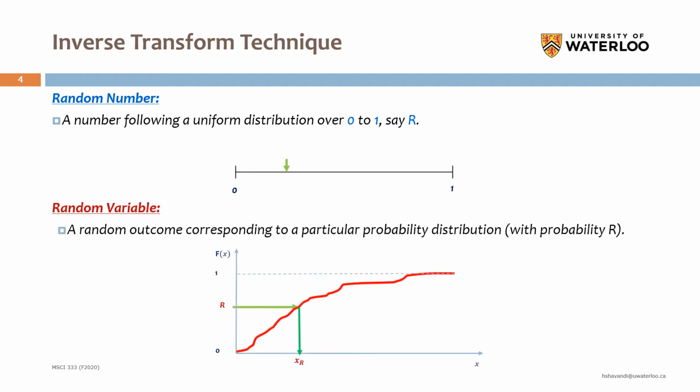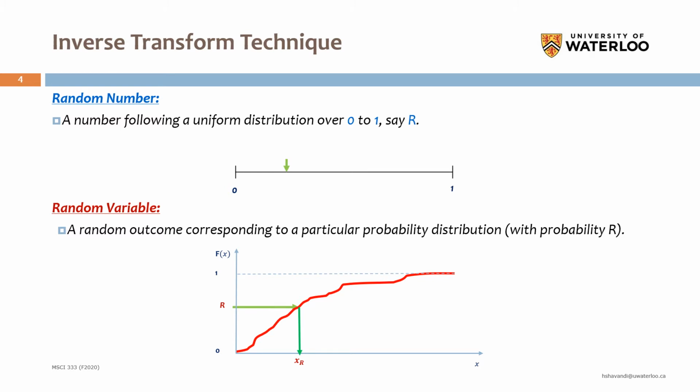When we talk about a random number, it is a number between 0 and 1, and we randomly generate that number in the interval of 0 to 1. If we want to generate a random variate from a specific distribution, at first we need to obtain the CDF of that distribution.